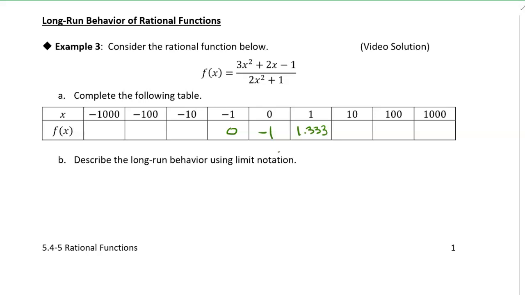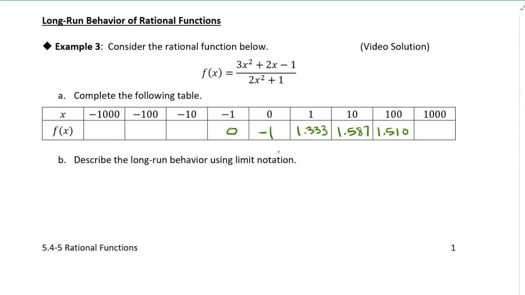Then I'm just going to plug in 10, 100, 1,000, and I could keep going. I could put in 10,000, 100,000, a million, but my table's not that big, so I only had room to go up to 1,000, but you'll get the gist of it when you see what happens. So I put in 10, and I got 1.587, rounded off to 3 decimal places. When I put in 100, I got 1.510.